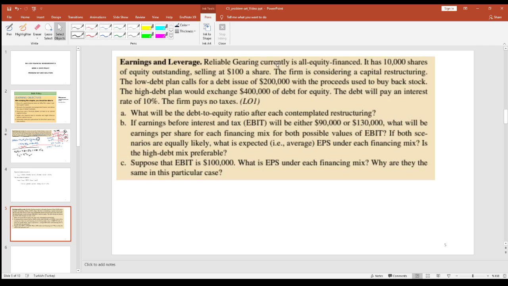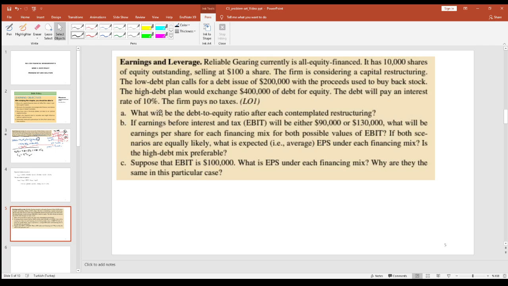It has 10,000 shares of equity outstanding, selling at $100 a share. The firm is considering a capital restructuring. The low debt plan calls for a debt issue of $200,000 with the proceeds used to buy back stock. The high debt plan would exchange $400,000 of debt for equity. The debt will pay an interest rate of 10%. The firm pays no taxes.